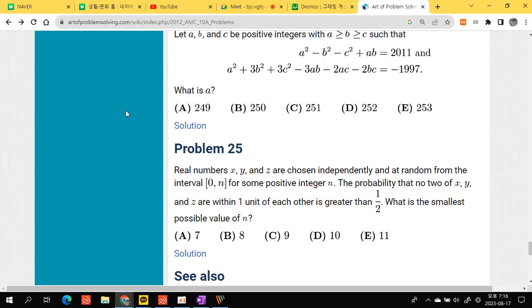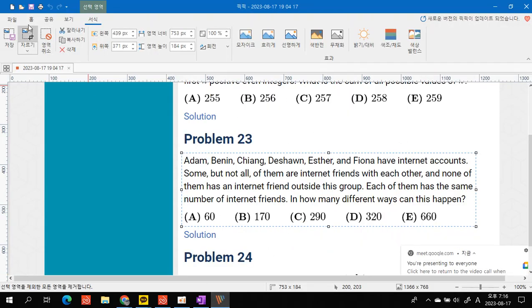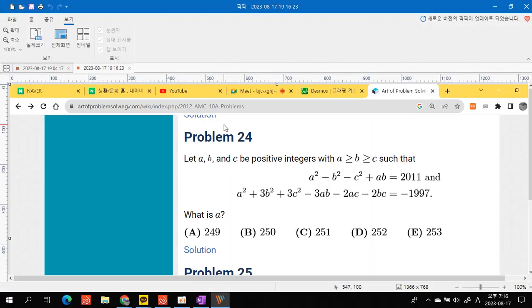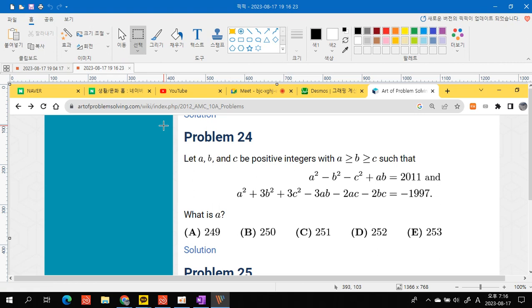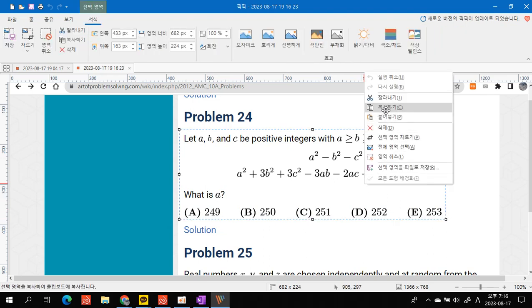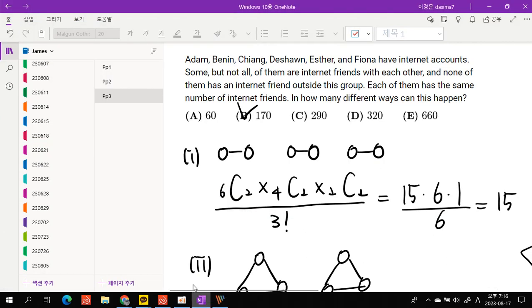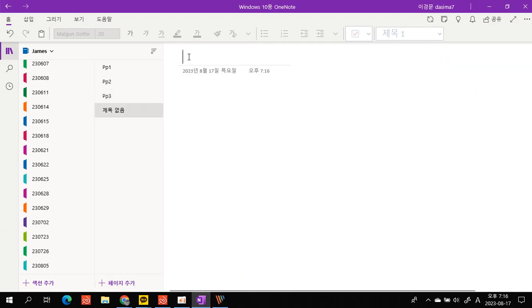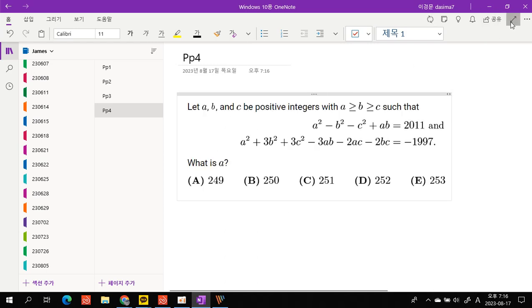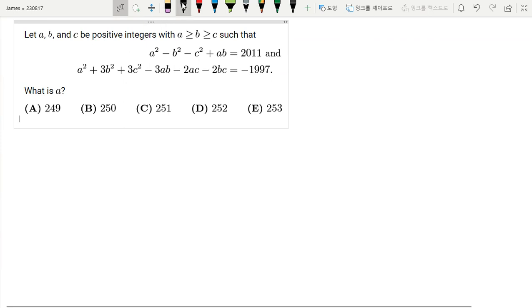And in number 24, this is kind of purely the calculation problem.